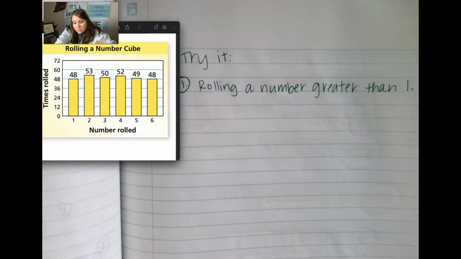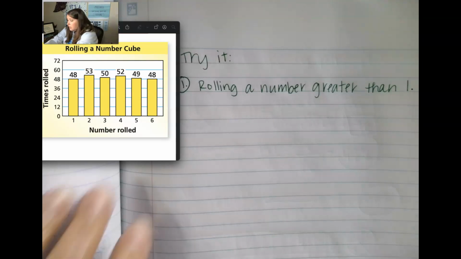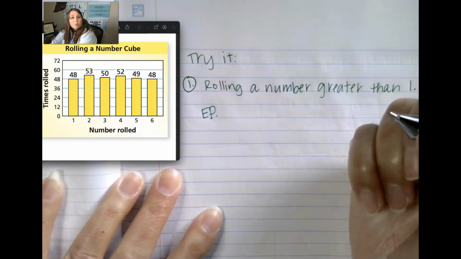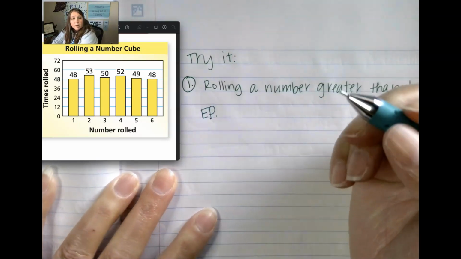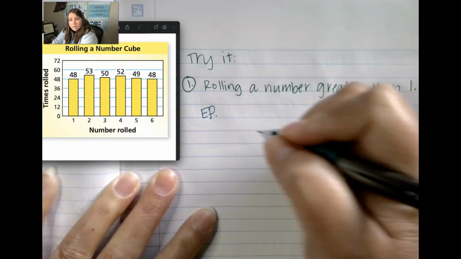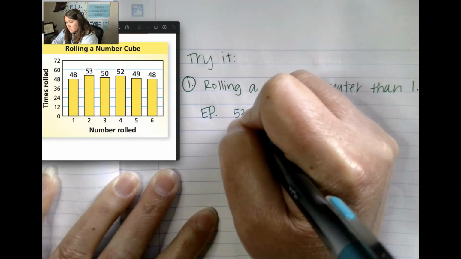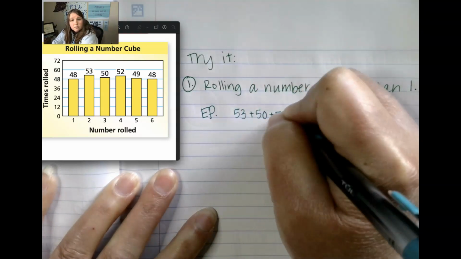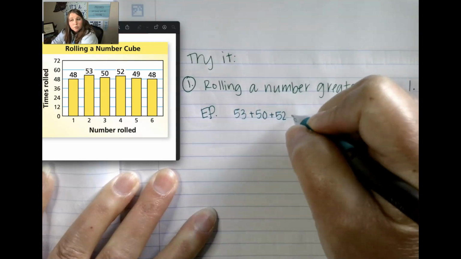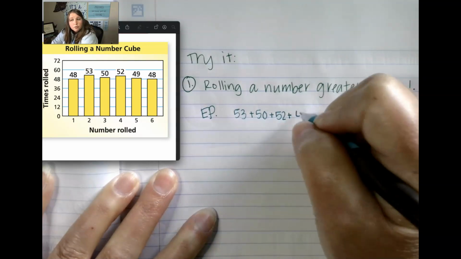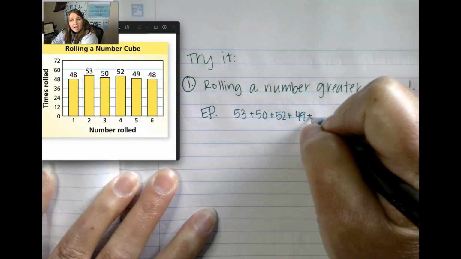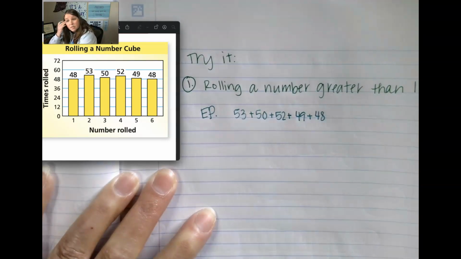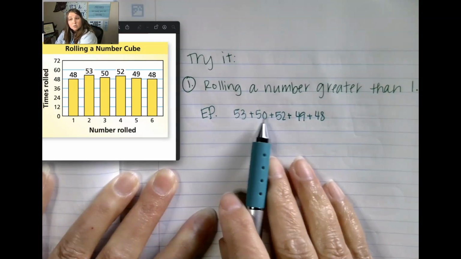All right, so let's do the experiment first. For the experimental probability, we are going to roll a number that is greater than 1. So in our experiment, we rolled 53 2s, 50 3s, 52 4s, 49 5s, and 48 6s.